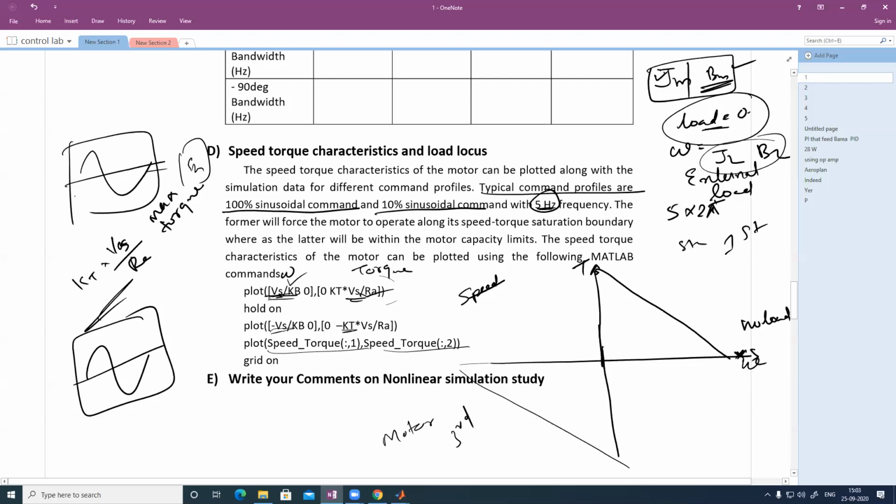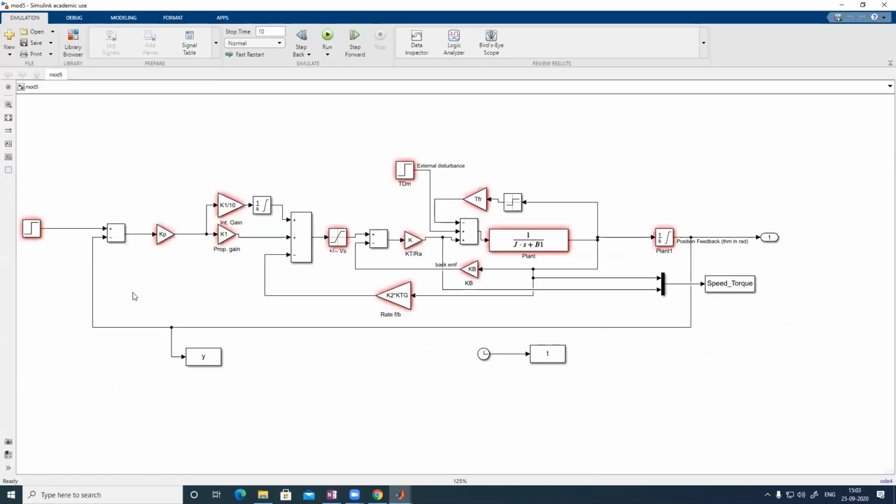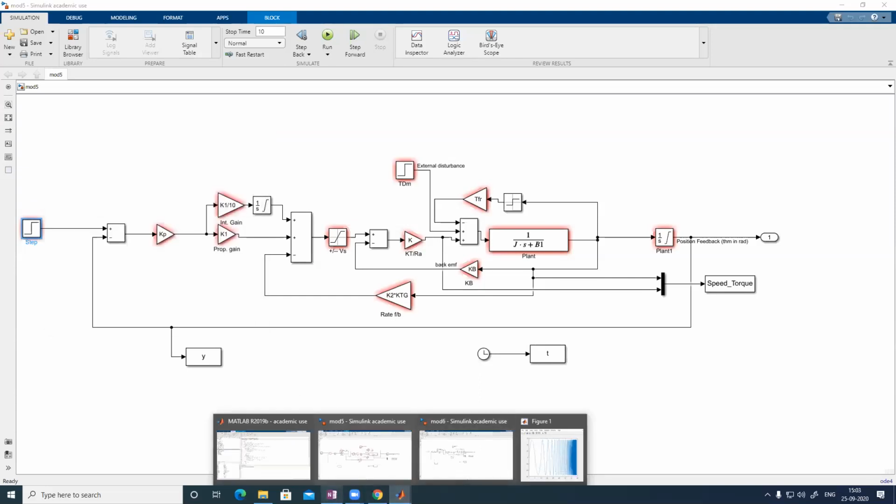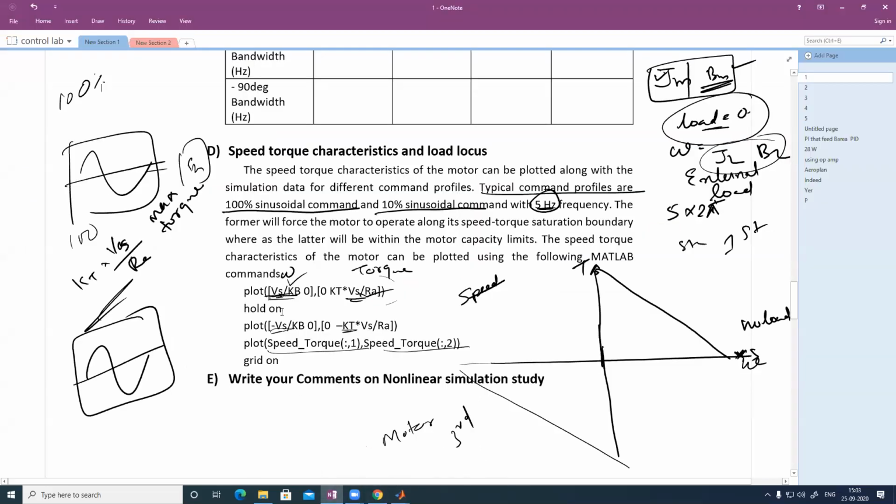For 100% sinusoidal command, for model number 5, 100% command is theta m limit. This one is 100% command, and 10% of that value also you have to find out. Then if you plot this one, you will get a speed torque characteristic.